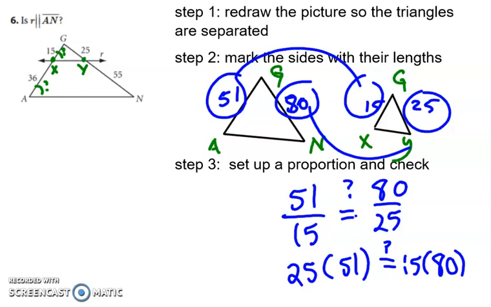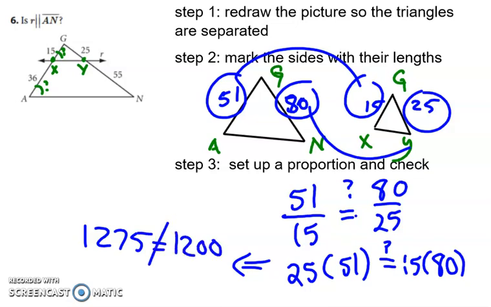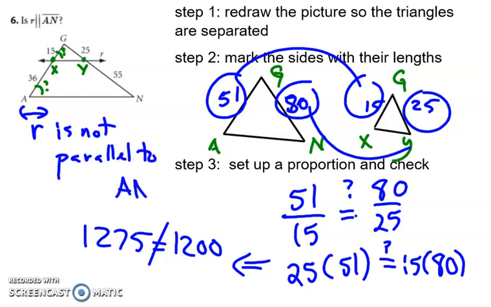So 25 times 51 is 1,275, and 15 times 80 is 1,200. So they don't equal each other, so line R is not parallel to line segment AN.